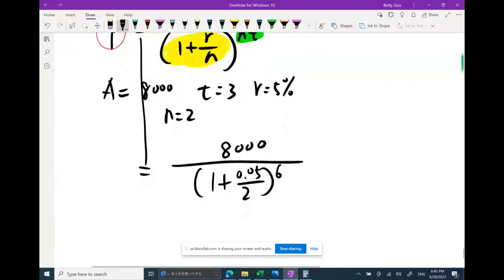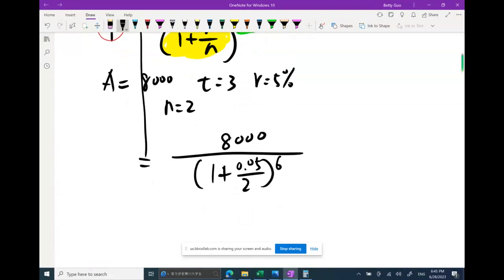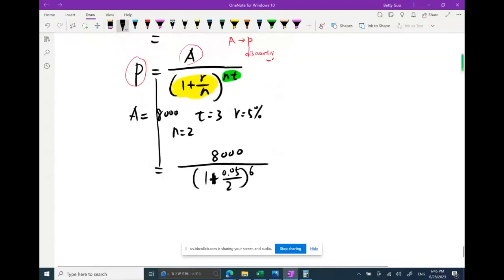All right, so you can enter this into your calculator. Would you mind showing me how many of you have the calculator with you now? It's probably not many. So we can simplify the base of the denominator. That is 1.025 to the power of 6. Let's use the calculator to find the value.